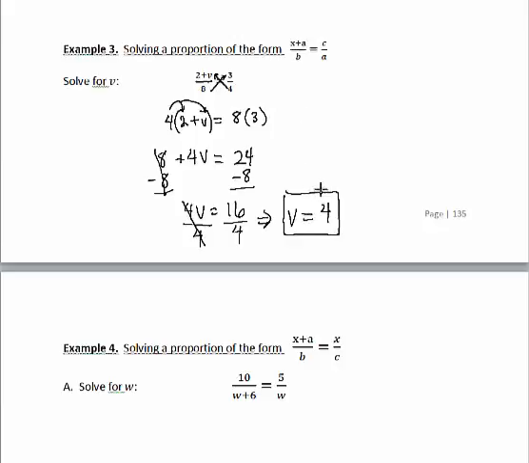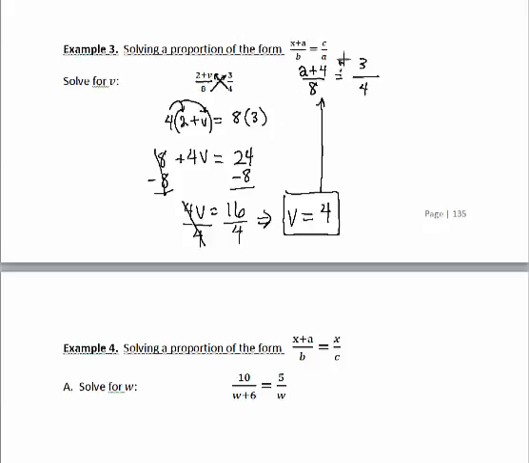And just as with all of the other equations before, we can check our solution by simply taking the original equation or proportion and inserting the number that we suspect is the solution in the place of the variable. We think v is 4, so on the top left side we write 2 plus 4, and then we divide by 8.